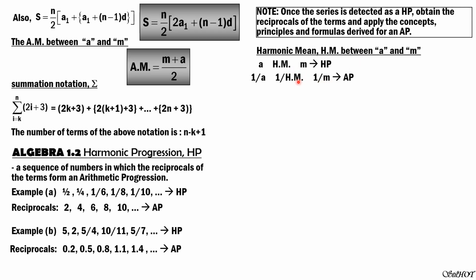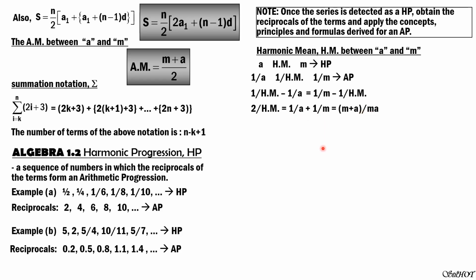Because these are now in arithmetic progression, by definition, second minus first equals third minus second. That is 1 over harmonic mean minus 1 over A equals 1 over n minus 1 over harmonic mean. Combining like terms, this is 2 over harmonic mean equals 1 over A plus 1 over n. Then by algebra, upon simplification, the right side can be simplified into n plus a over na, where na is the LCD.